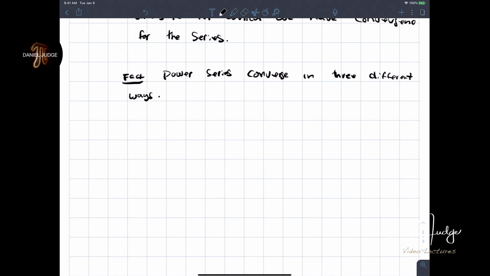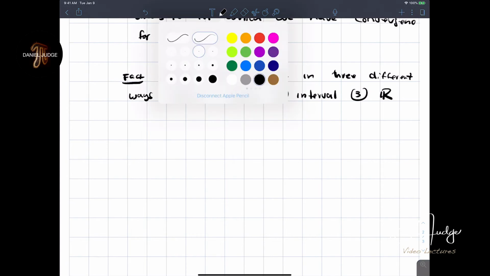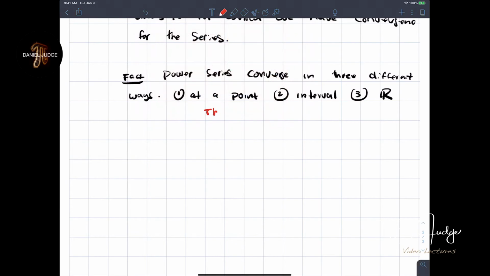They're going to converge, the first is at a point, meaning one value. The second is in an interval. And the third is over all real numbers. What I'm really describing here is the domain of the function f.